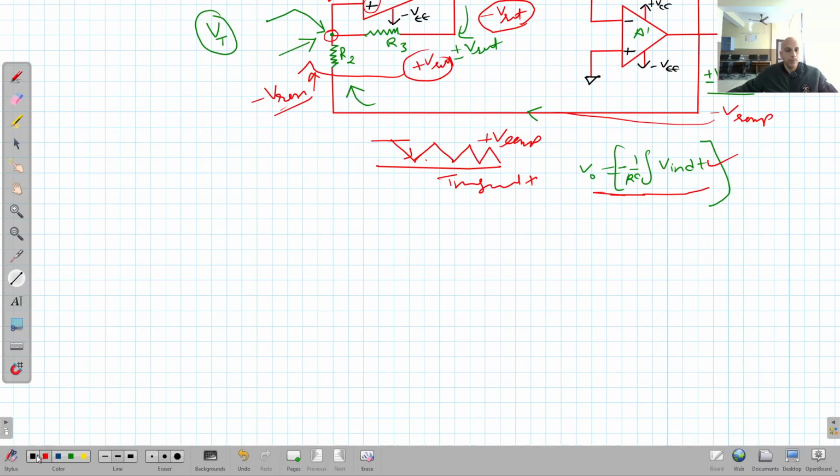To draw the resulting waveform, this is the output of the first circuit, the comparator.